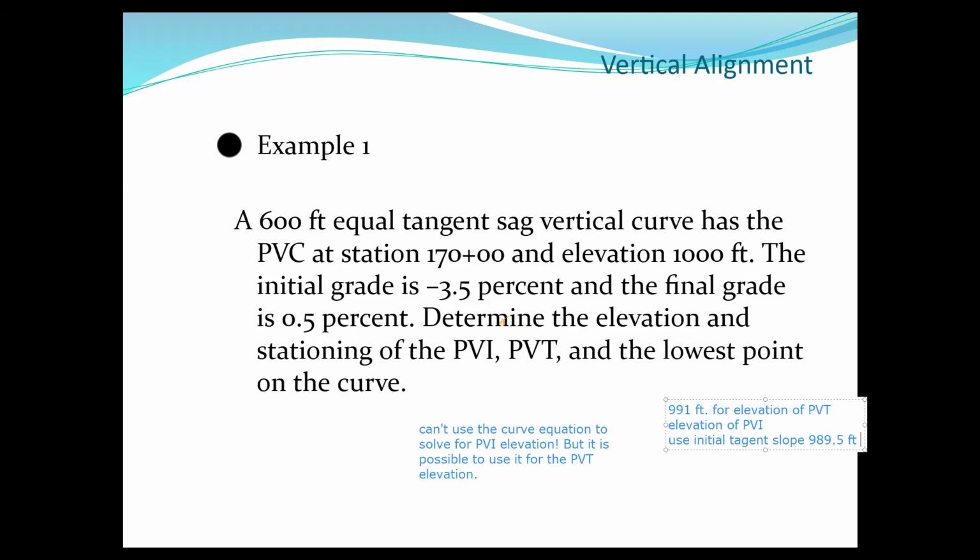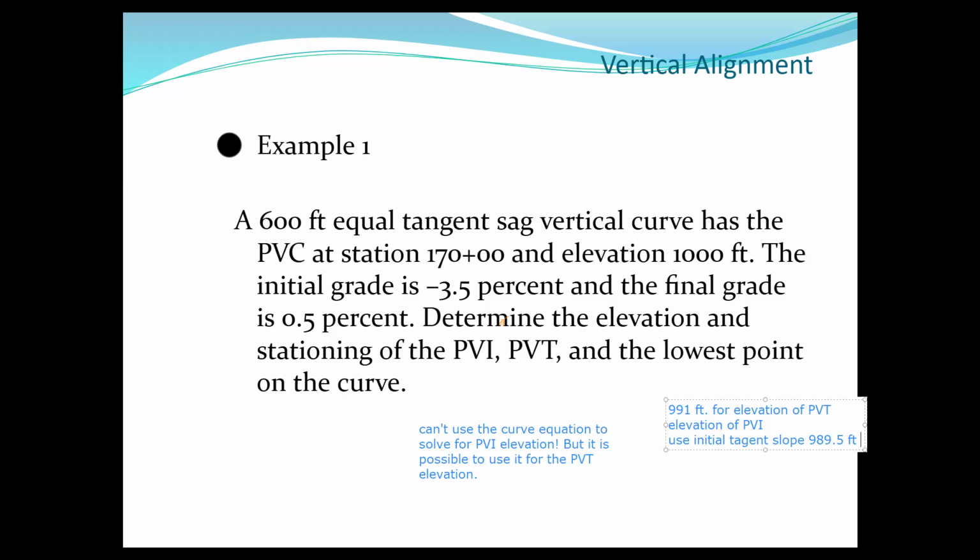Okay. So what I'm doing here to write 3 plus 00, I'm representing 300 feet of horizontal distance as stationing. And if I add them, it will be 173 plus 00. Okay, so that's the stationing of PVI.